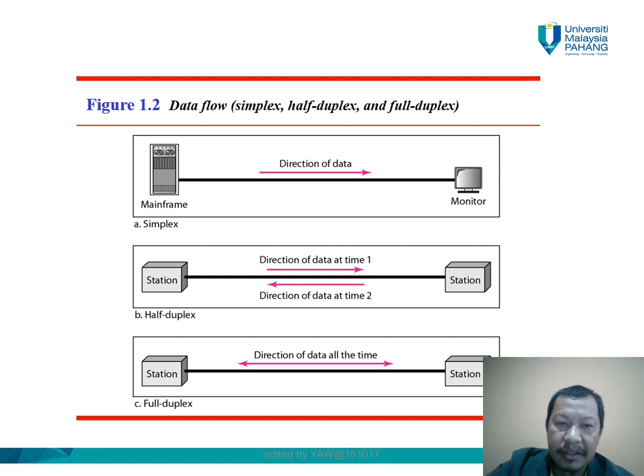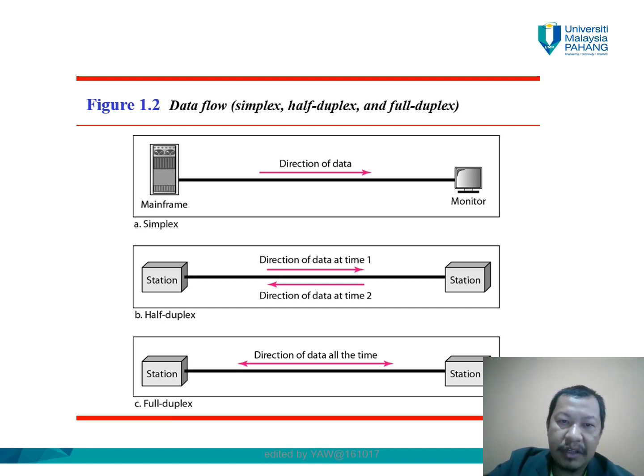The second data flow is called half duplex, where the direction of data at one time is one way and another time is the other way. But the direction is only one direction at one time. Okay, so that is called half duplex.